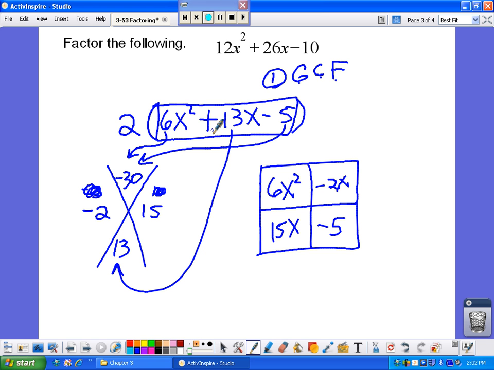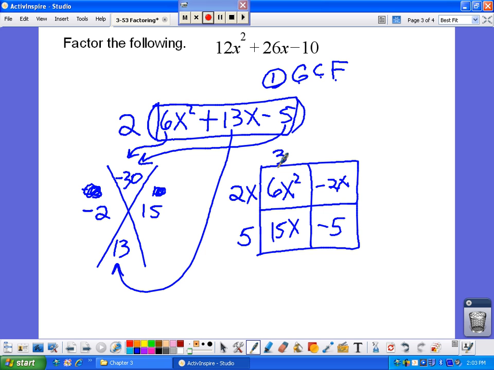Now, same thing. We want to take out the greatest common factor. So negative 2x and 6x squared: the greatest common factor would be 2 as far as the numbers go, and they both have an x, so 2x. Greatest common factor here would be a 5. They're not both negative, so I'm just going to leave it at 5, and they don't both have an x, so that's all I got. 2x times what gives me 6x squared?